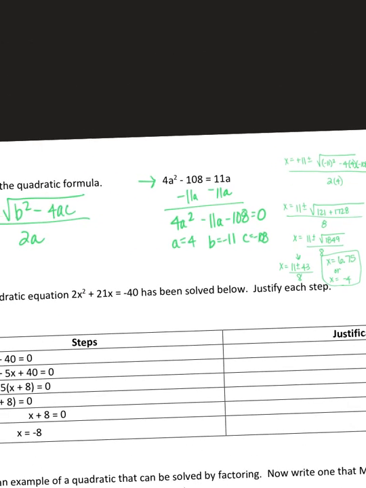There we have it, using the quadratic formula. All right, in number 18, it says the quadratic equation 2x squared plus 21x equals negative 40 has been solved. Justify each step. So the first thing that was done was we added 40, right? So we set the equation equal to 0 by adding 40.